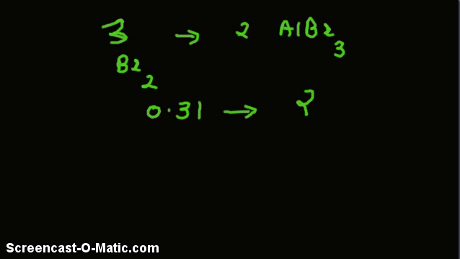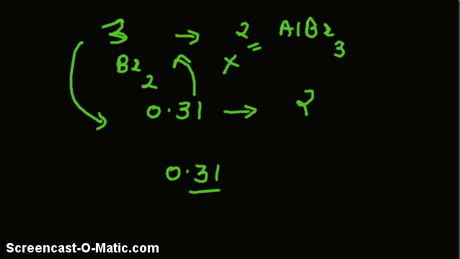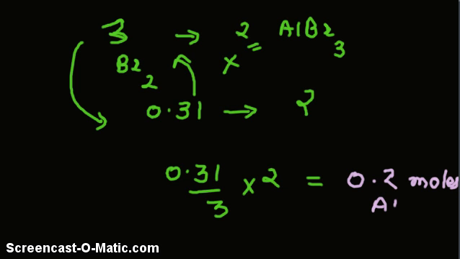Simple, take this down, take this up, and multiply by this 2. So we get the answer 0.31 divided by 3 into 2, that is equal to 0.2 moles of aluminum bromide.